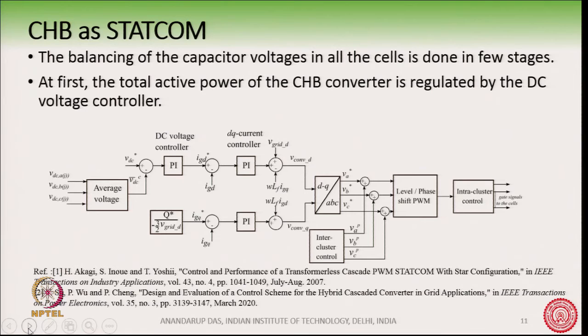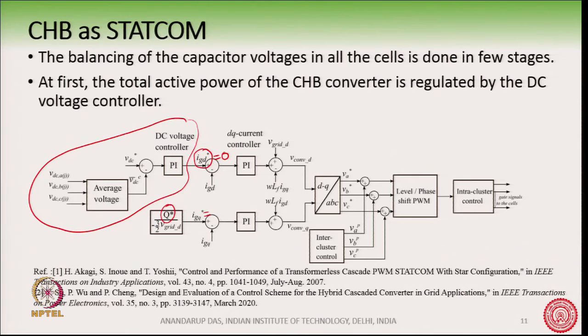So, at first the total active power of the CHB converter is regulated. So, we are now first talking about this side here. So, this means in an ideal CHB STATCOM, the IGD star should have been 0, because we are not supporting any active power, and IGQ star is corresponding to whatever is the Q star.